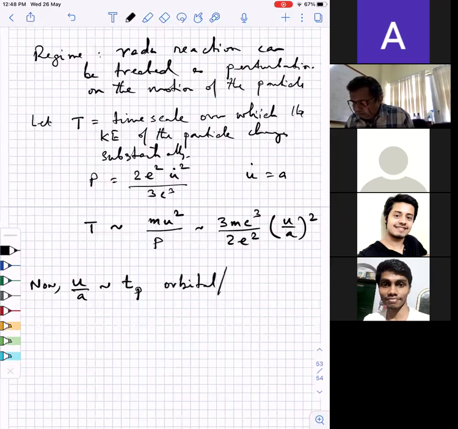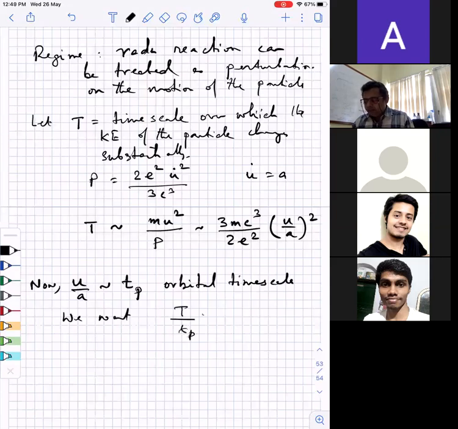So what we want is T by this T_p to be much greater than 1. It should be many orbits before you have a significant reduction in the energy.